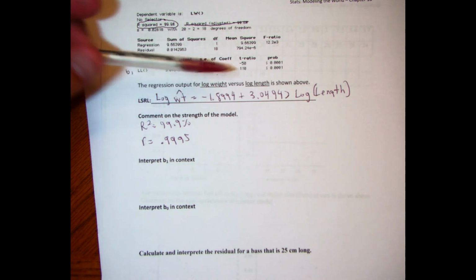Correlation tells us two things: the strength and direction of a linear relationship. However, this linear relationship was re-expressed, so we must interpret it in the context of the re-expression. So I'm going to say there is a strong, positive, linear relationship between the log of the weight of the fish and the log of the length of the fish.